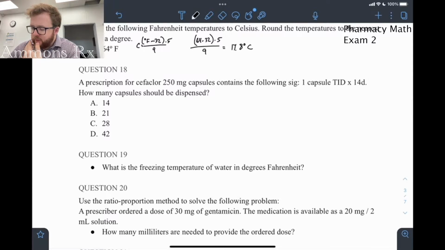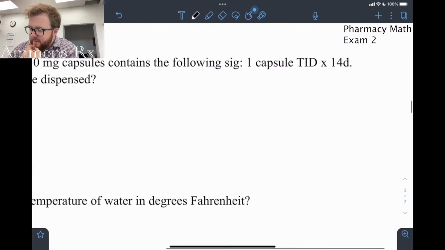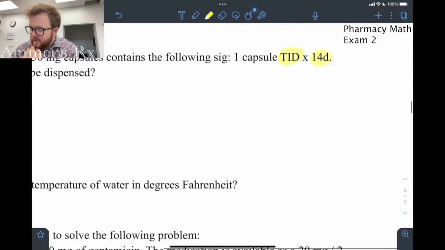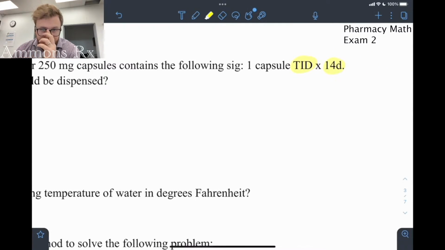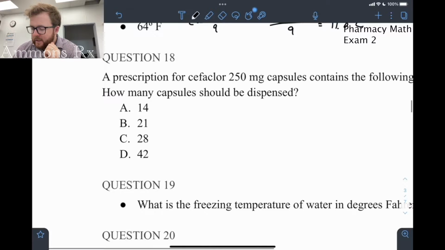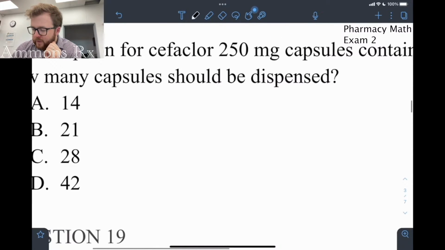A prescription for a drug contains the following sig: 1 capsule TID for 14 days. How many capsules should be dispensed? When you're doing these problems, you need to ask yourself first, how many do they take a day? And that is going to be in this right here. TID means 3 times a day.